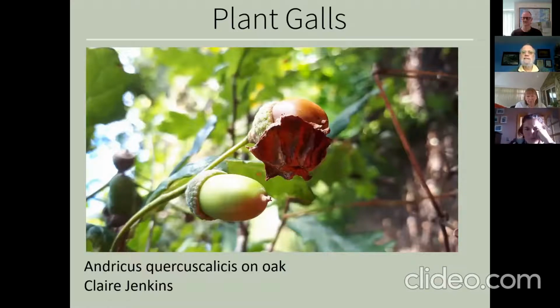This can sometimes affect the whole of an acorn crop on an oak tree, and it arrived in this country sometime in the 1960s. So, like quite a few oak galls, it's a fairly new arrival, arrived in my lifetime anyway, but we'll talk a bit more about that later. But that's a knopper gall.